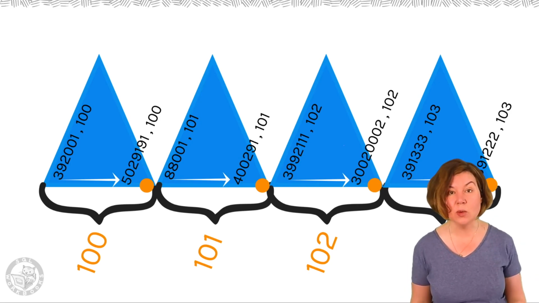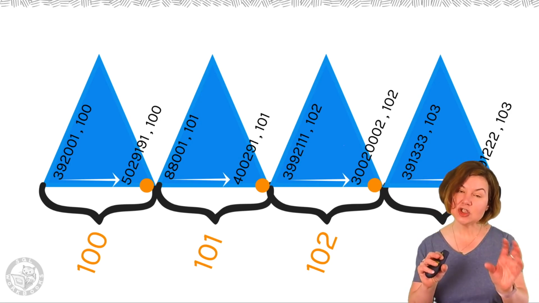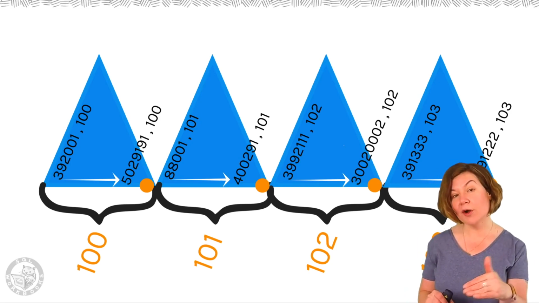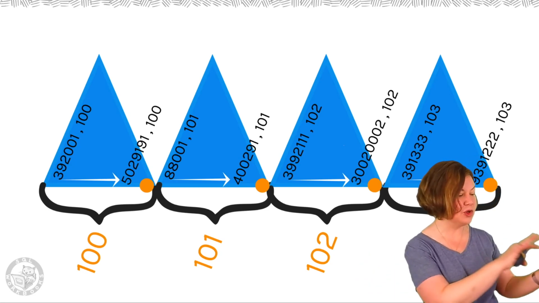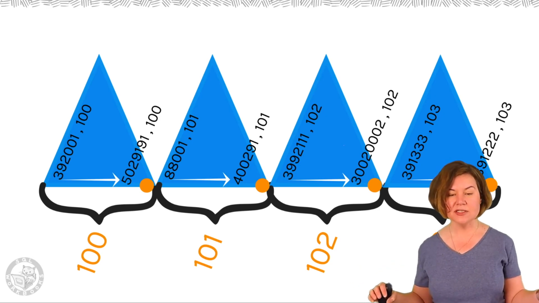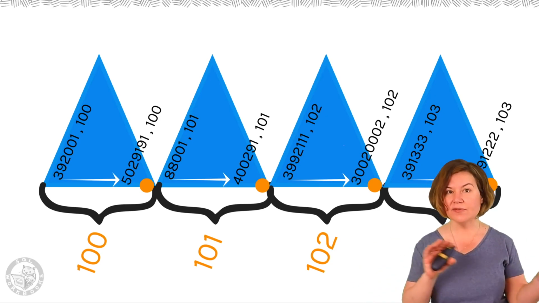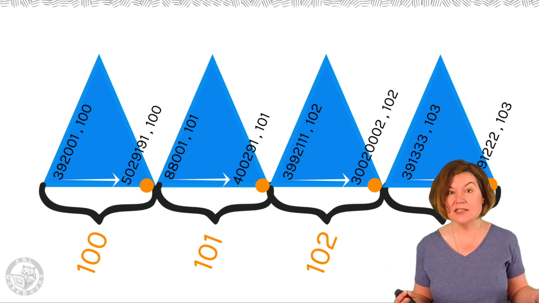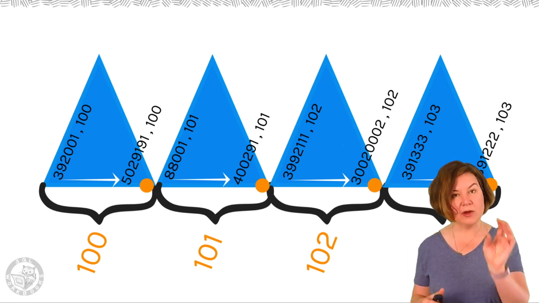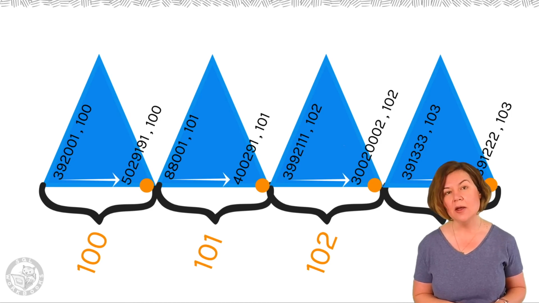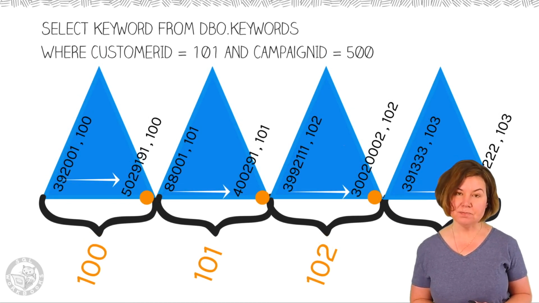They just aren't creating keywords. So within each customer, we know the order of the keyword IDs. But overall in the table, when we're looking at all of these different customers, they each have their own different range of keyword IDs. And we don't have an overall sort in the whole table. We only are sorting by keyword ID for the individual customers.